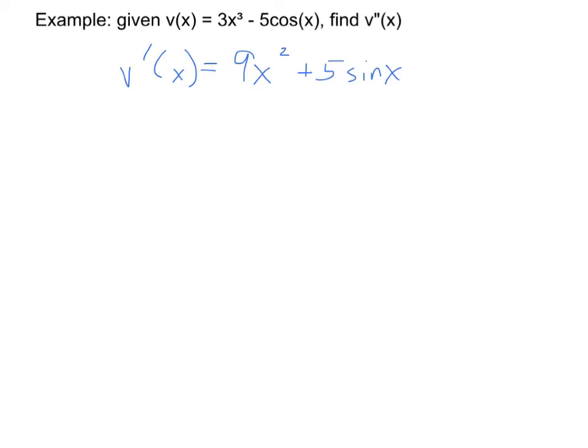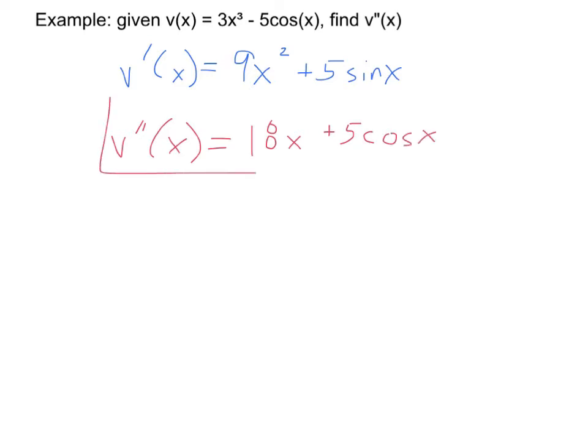So great, now that I have the first derivative, I can find the second derivative by simply taking the derivative of my first derivative. So I will have 18x plus 5 cosine x, and that's the second derivative. We just found our first higher order derivative. Woohoo!